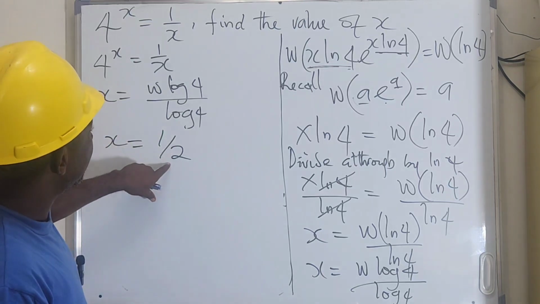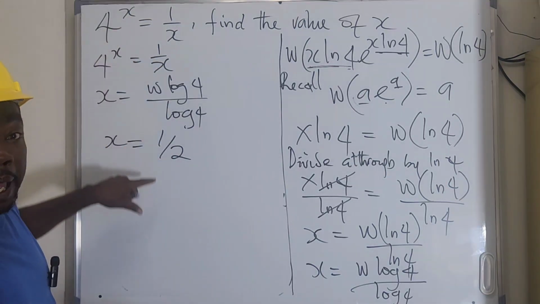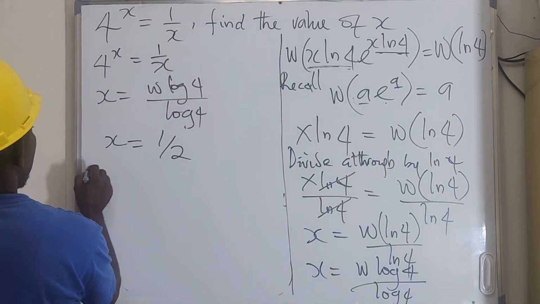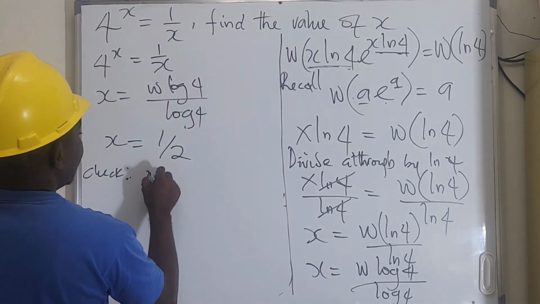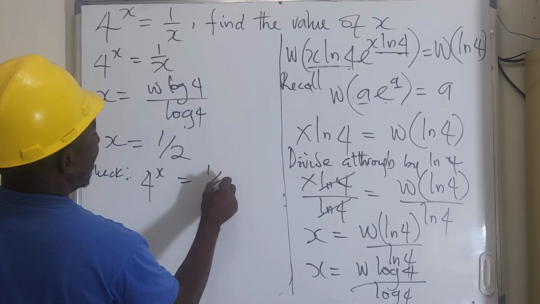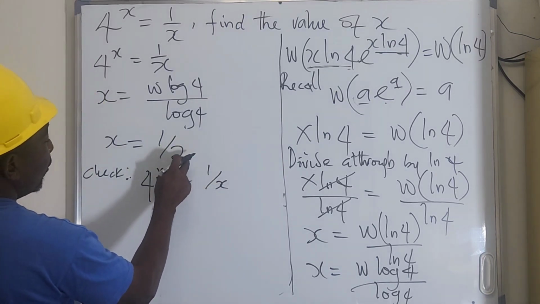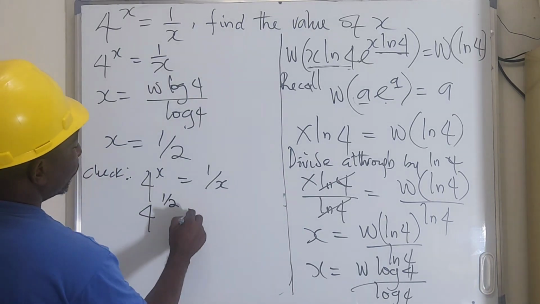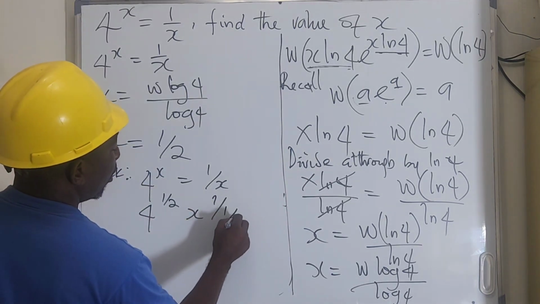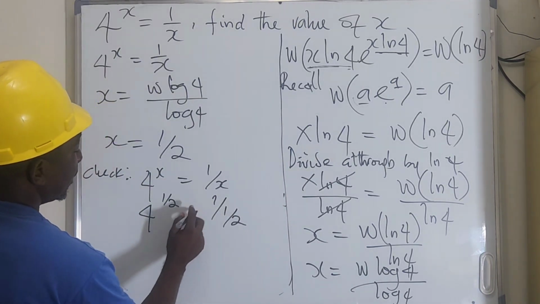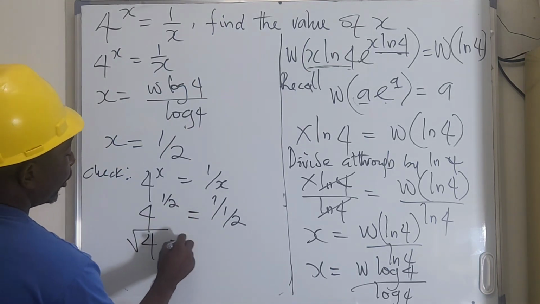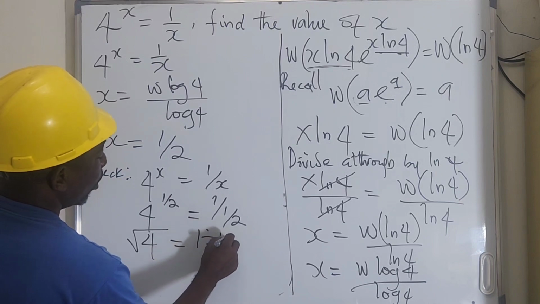So here, let's do a little check to see whether x equals 1 over 2 satisfies this equation. So we have check: 4 raised to the power of x equals 1 over x. When we substitute 1 over 2 where we have x, we have 4 raised to the power of 1 over 2 equals 1 over 1 over 2. This is the same thing as the square root of 4 equals 1 divided by 1 over 2.